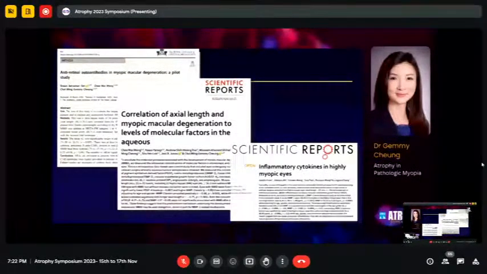Nonetheless, I have to stress that these tend to be smaller scale, small sample size association studies, but nonetheless, they raise a hypothesis which I think agrees with our clinical observations and requires further study.